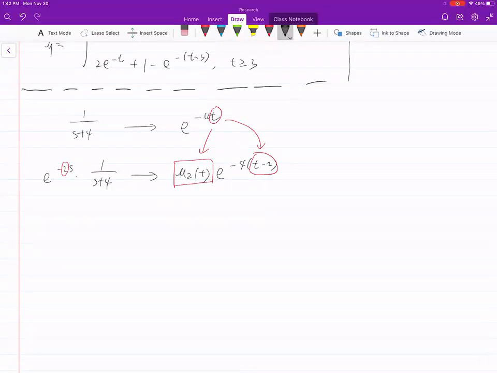Okay. That also means multiplying this one on a Laplace transform physically means delay by a, because you shift everything to the right by a.